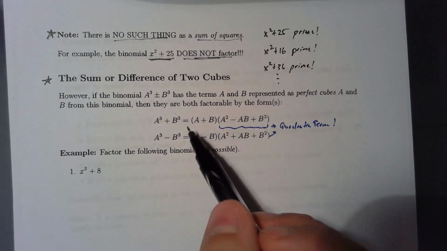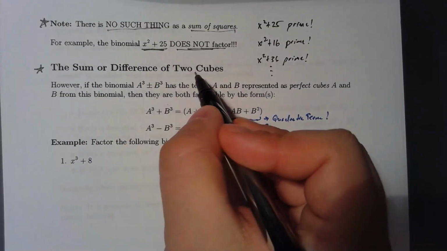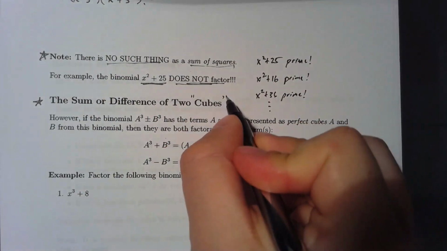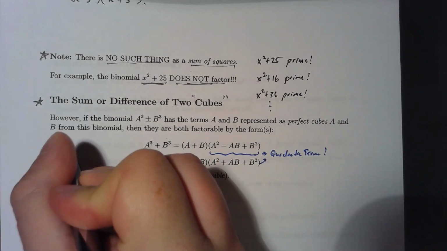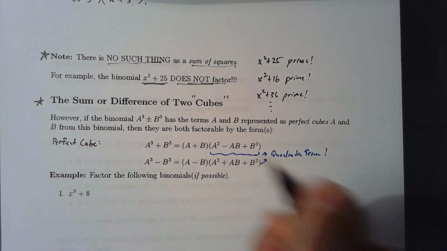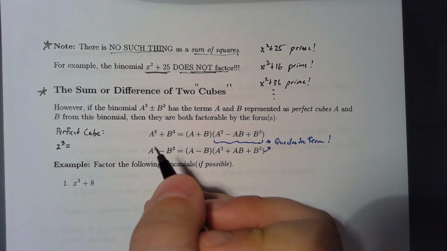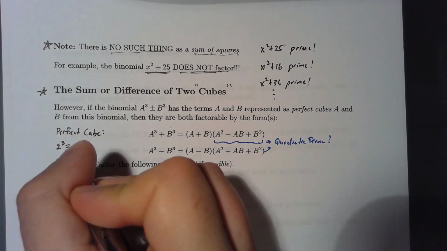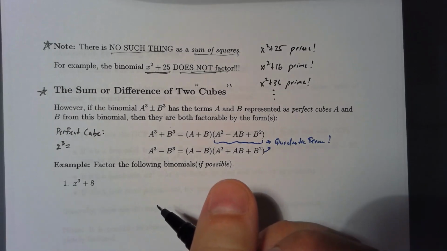This one, it's not too bad when you practice it. Once you recognize you have a perfect cube, you can see if you can factor it. A perfect cube is when you have a number to a third power. So for example, 2 to the third is what? That's 2 times 2 times 2, so that's 8.